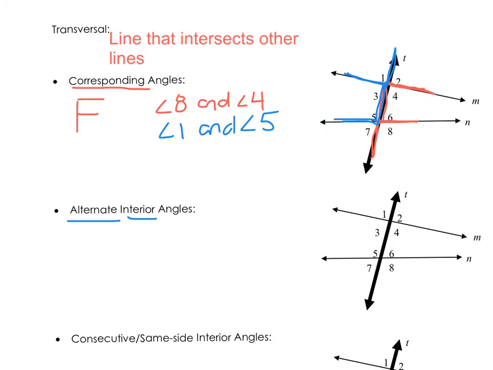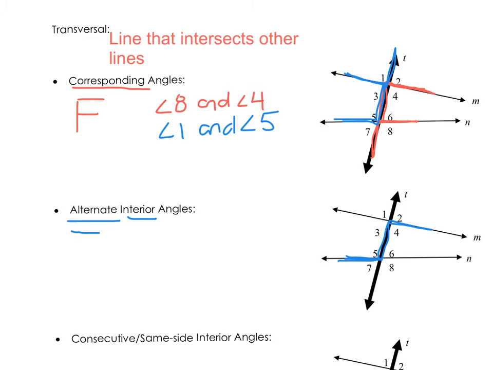So if we pick out a pair like angle 5 and angle 4, trace around angle 5 and angle 4, and you see that Z? So once again, alternate means one's on the left, one's on the right. Interior means they're inside the two lines. So 5 and 4 are a set of alternate interior angles.